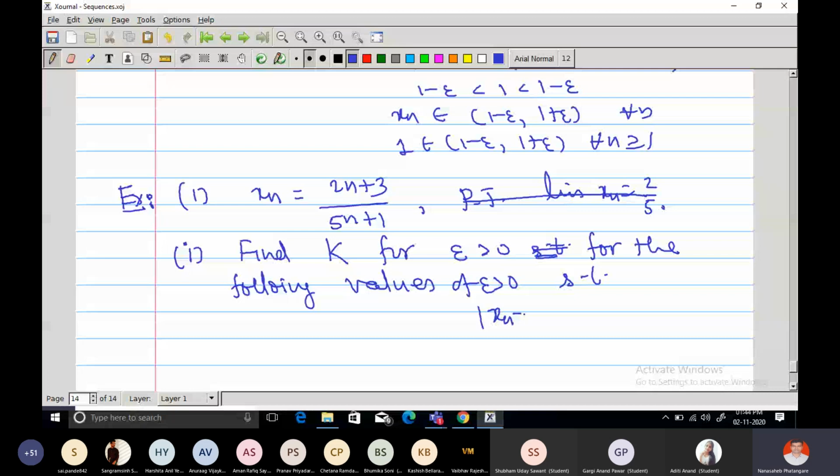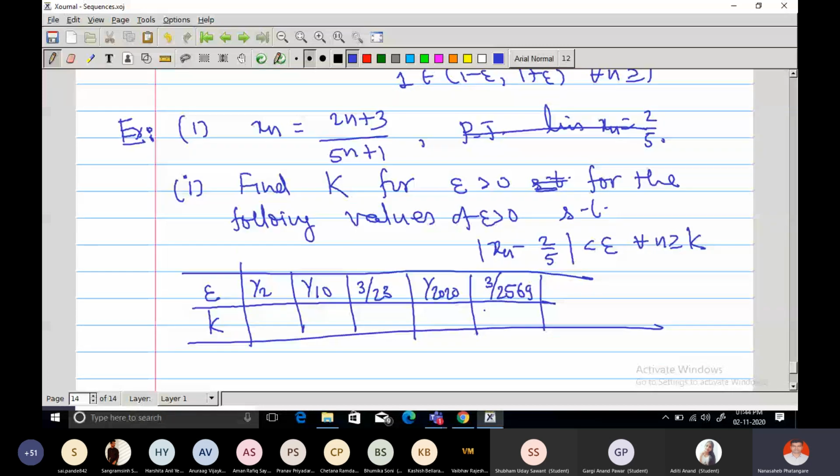So find k for epsilon, and I will give you particular values of epsilon, and then you try to produce k. You do this for epsilon equal to 1 by 2, 1 by 10, 3 upon 23, 1 upon 2020, 3 upon 2050, 2569. Right, so this is the first step.